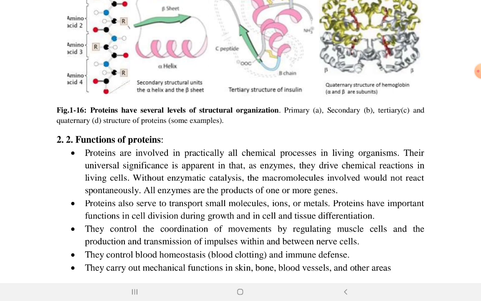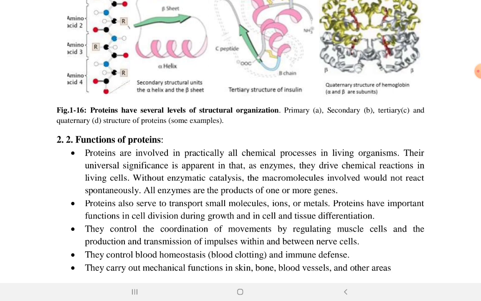Proteins have important functions in cell division during growth and even in tissue differentiation. They control coordination of movement by regulating muscle cells, and the production and transmission of impulses within and between nerve cells.